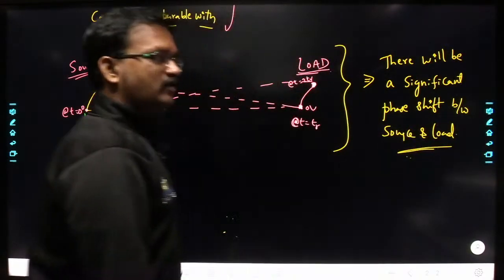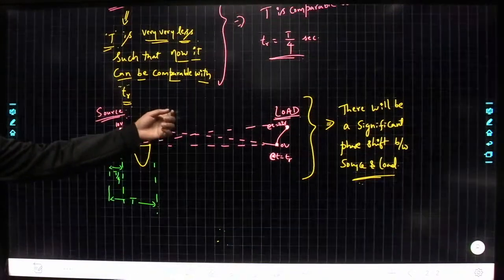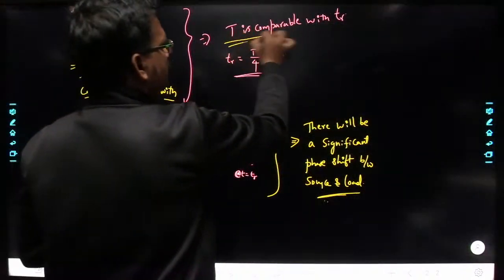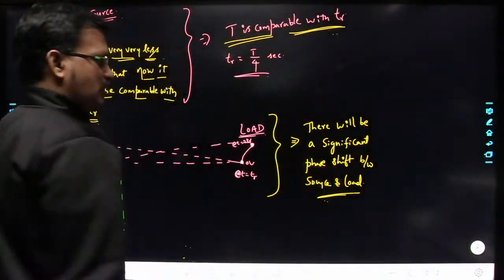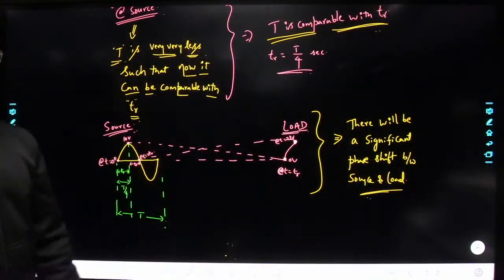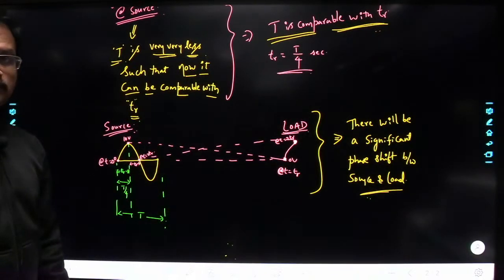Right. So there will be a significant phase shift between source and load when the time period is comparable with transit time. So whenever the time period becomes comparable with the transit time, then there exists a significant phase shift between source and load. Okay.